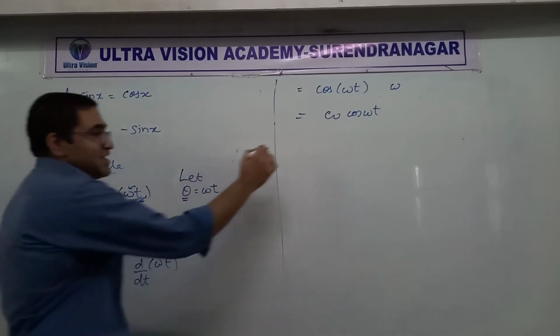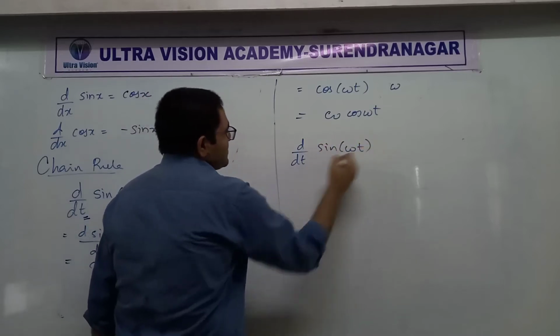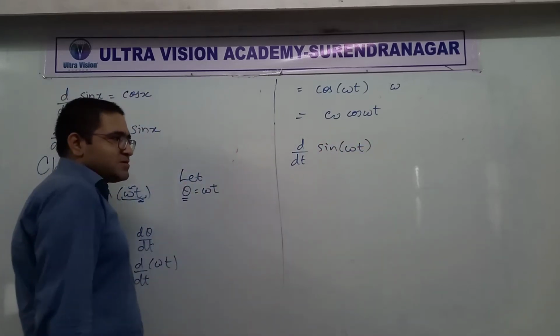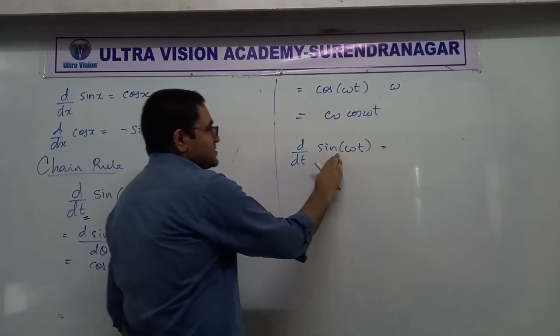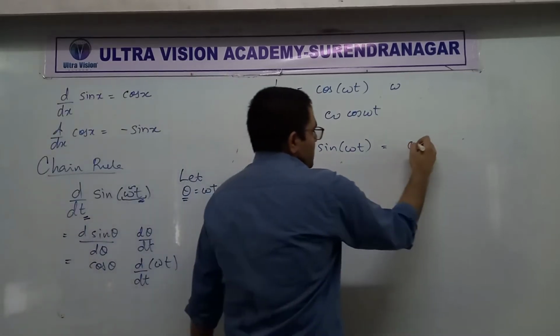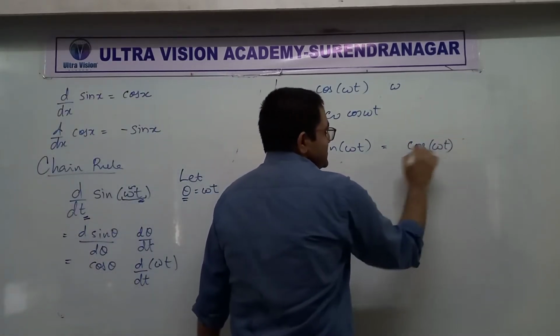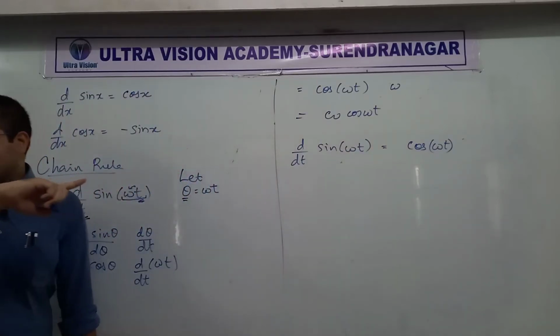So what I mean to say is as follows, that if we want to find differentiation of sine omega t, first of all, you ignore what is here, just look at this formula, differentiation of sine is cos. So cos omega t, this is not complete yet, but what I have done is clear so far.